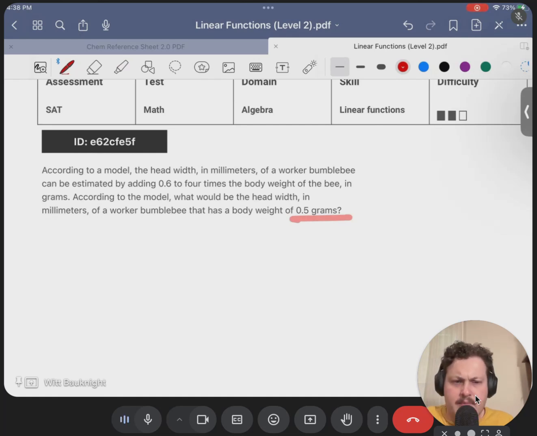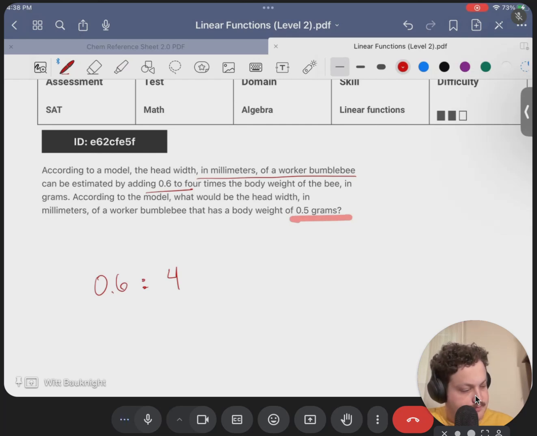Okay, I must have misunderstood this question. Let me read this first sentence again. According to the model, the head width in millimeters of a worker bee is estimated to be 0.06 to 4 times the body weight of a bee.